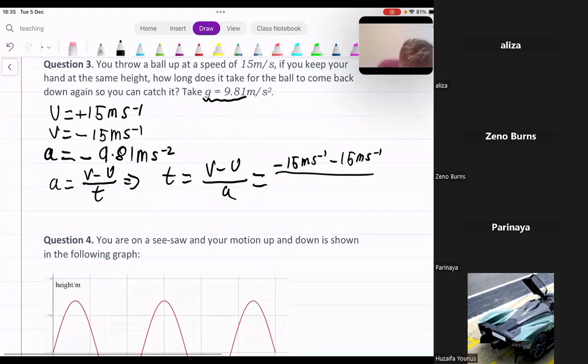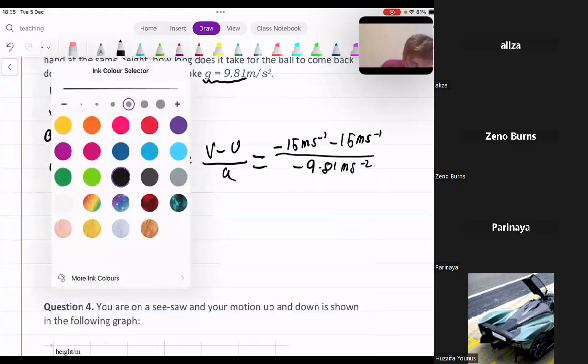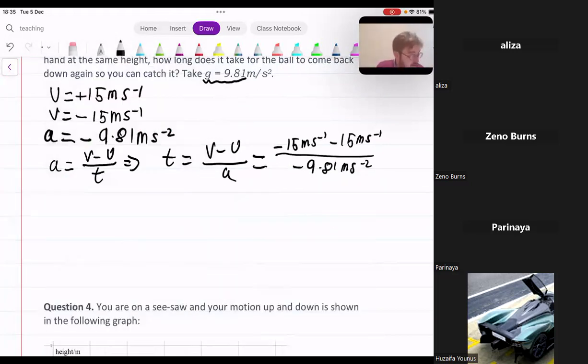And the acceleration was minus 9.81 meters per second squared. So if you put all of this into your calculator, you get 3.1 seconds. If g was 10, we'd get 3 seconds.